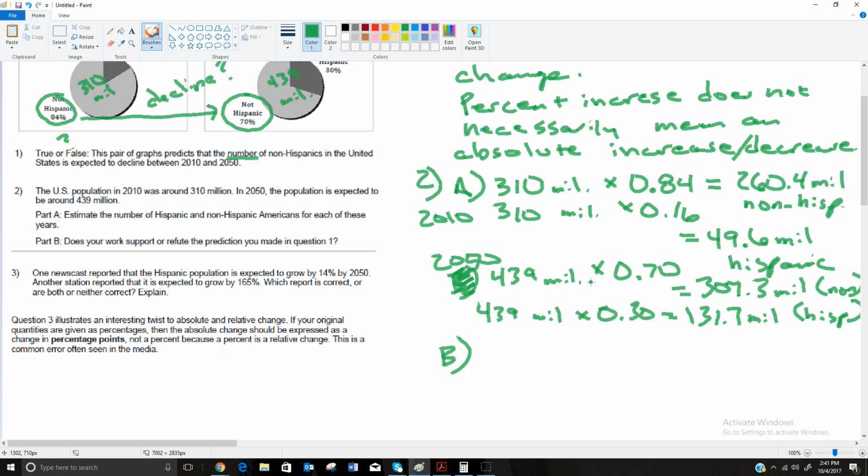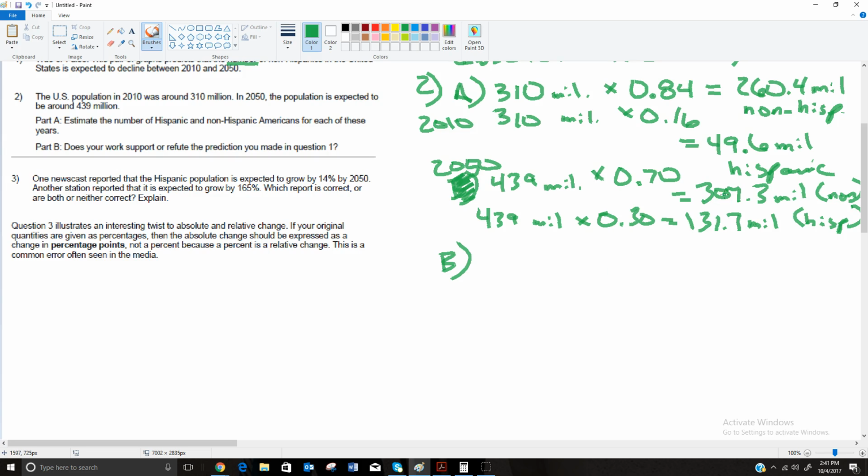So if we look at the numbers that we got here, the Hispanic population is supposed to grow from 49.6 to 131.7. If you look at that in terms of absolute growth, 131.7 minus 49.6, this is where it ended, this is where it started.